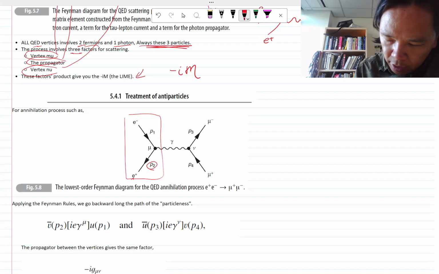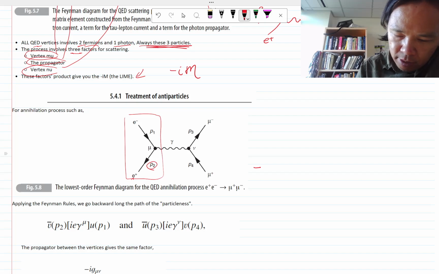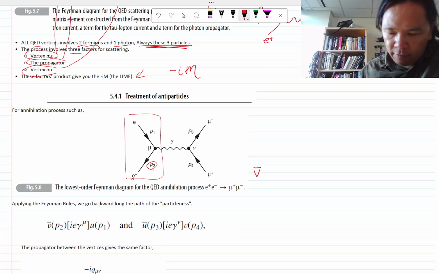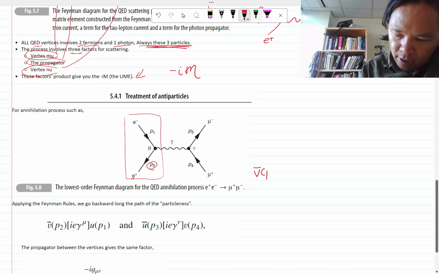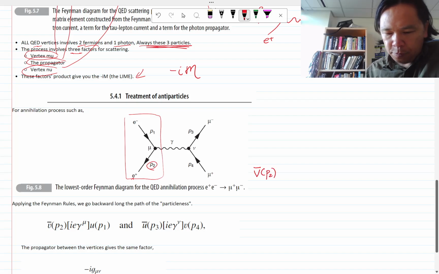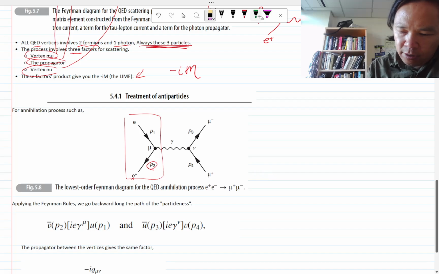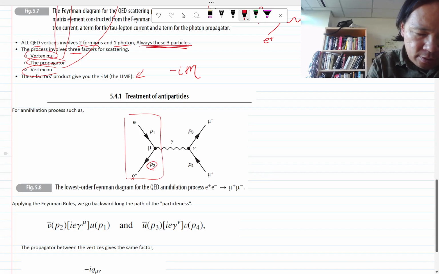This is outgoing, so it's an adjoint to begin with, but this is an antiparticle, so I write the v's instead of the u's. So I write a v with momentum p2. I'm going to write this on the left, because this is horizontal.